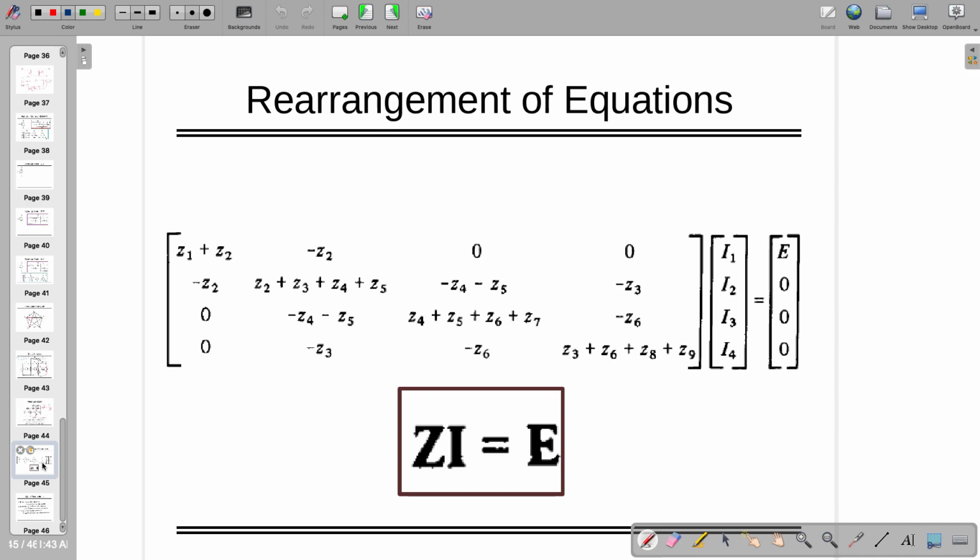But here also there is an observation. All the diagonal entries are positive. Others are negative. One more thing: when you are writing these equations, you are not going to write about the nodals, but you are going to talk about different currents.